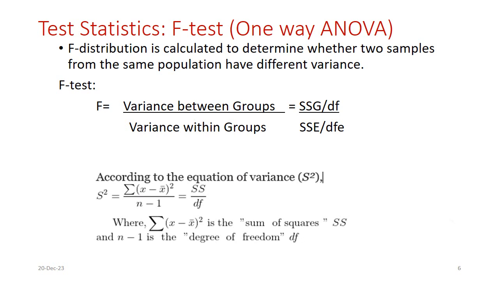According to the equation of variance, S squared is the summation of squared deviations of the observations from the mean divided by n minus 1, the degrees of freedom. After calculating that, the F ratio will give the decision power.